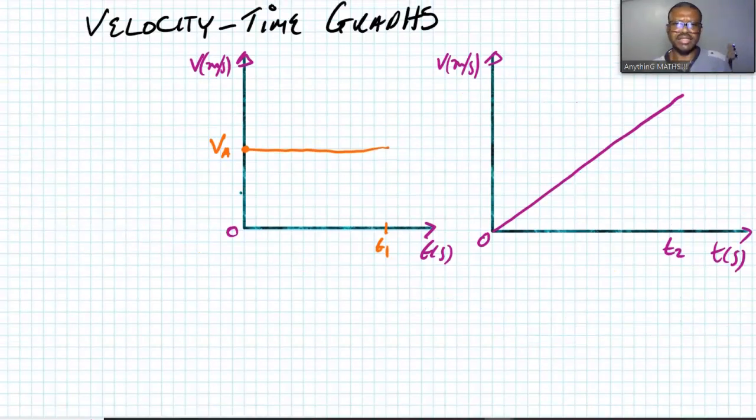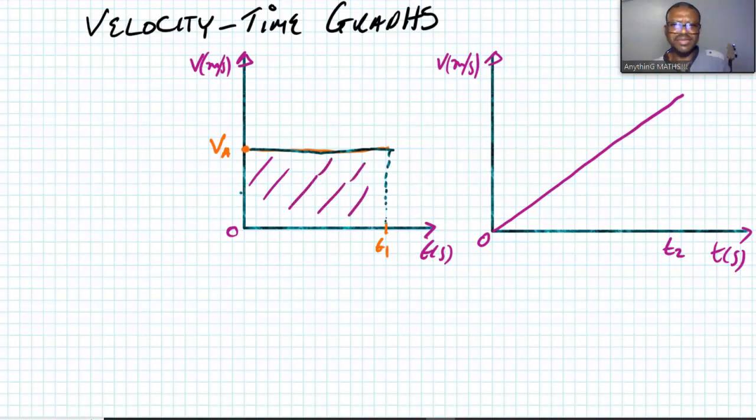Now let's look at this graph, the one with the constant velocity. How can we calculate the distance traveled? Maybe let's put some broken line here. The distance traveled actually is represented by the area under the graph.